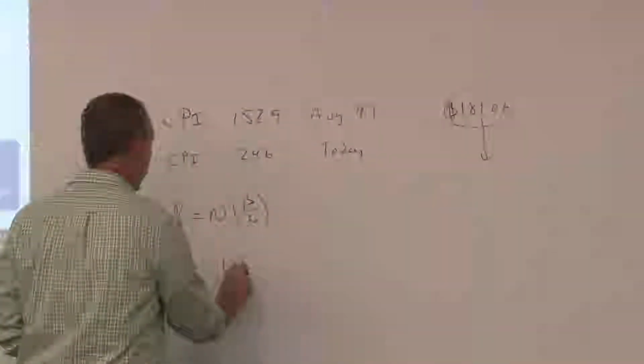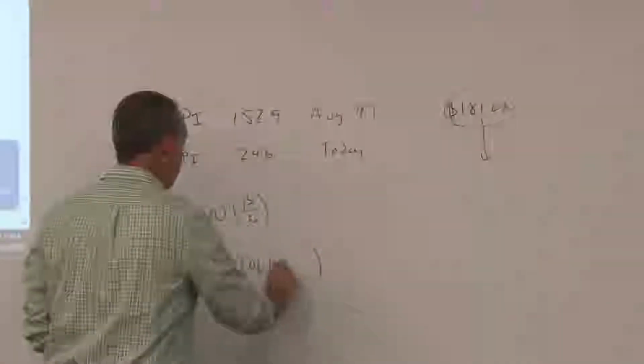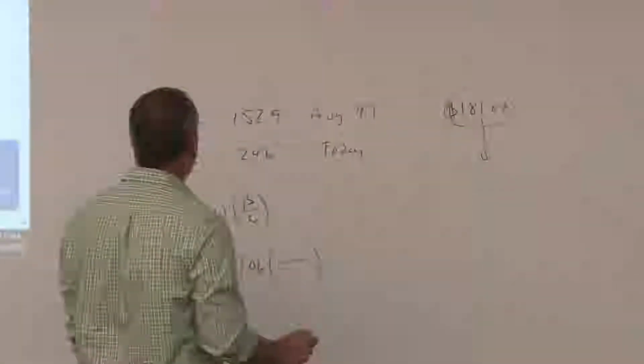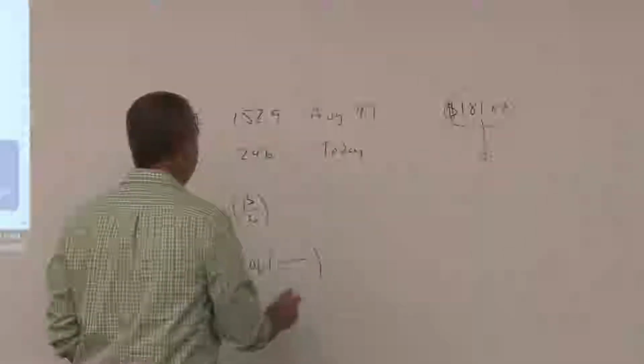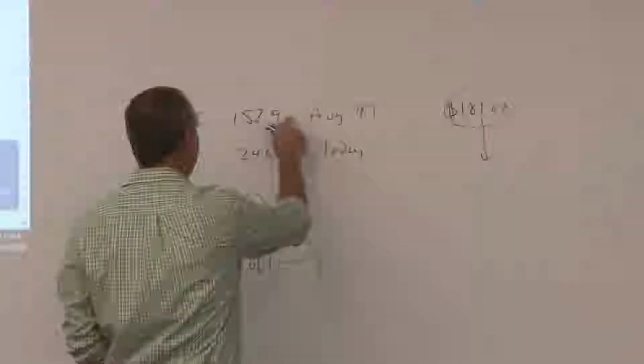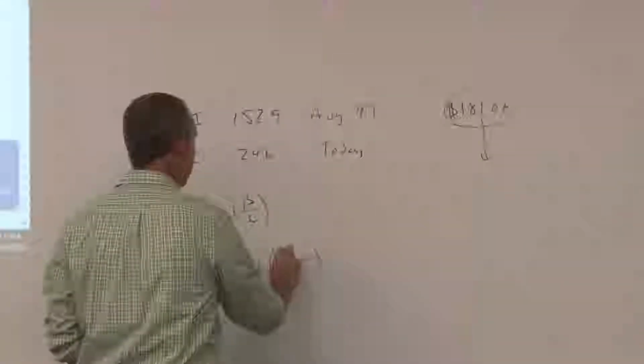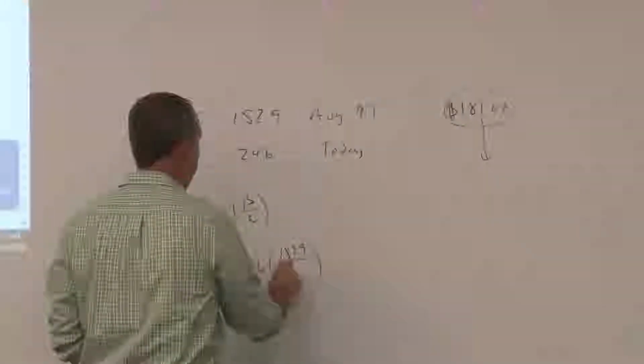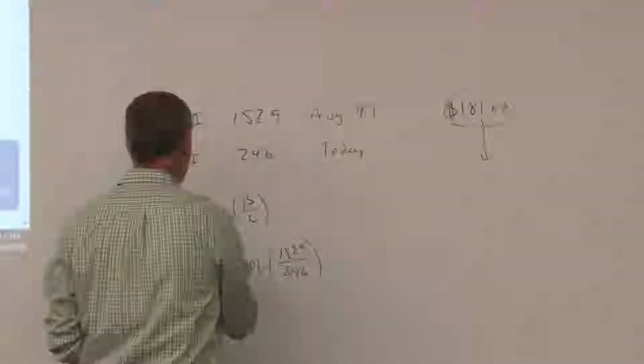Here's our 181.06. I'm going to put this in base year being August '97, 152.9, 246.